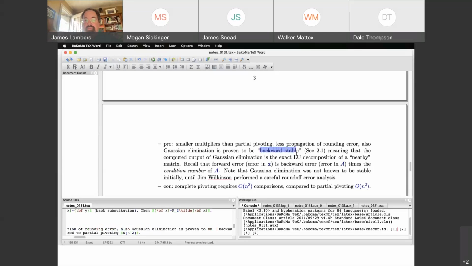Now, this proof of backward stability is actually a really big deal. The reason why is when electronic computers were first invented, and I emphasize electronic computers, because before we had them, the word computer was a job title for a person.